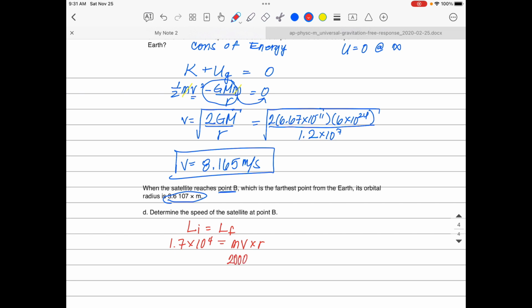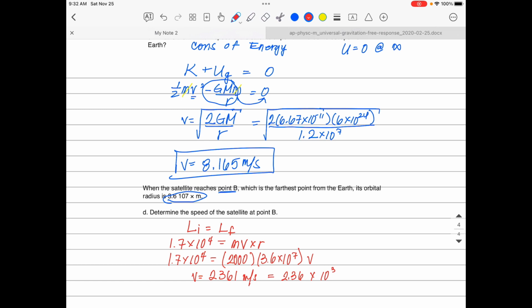And if you divide everything over, velocity ends up being 2,361 meters per second, which translates to 2.36 times 10 to the third power.